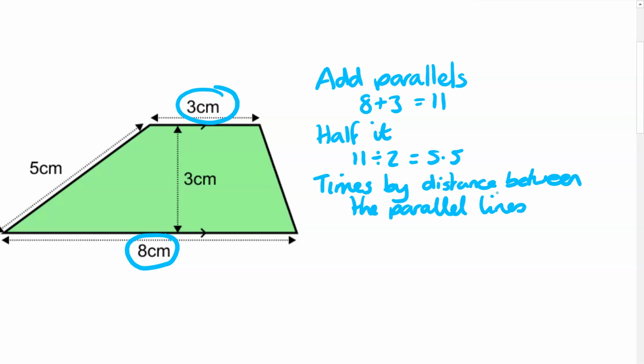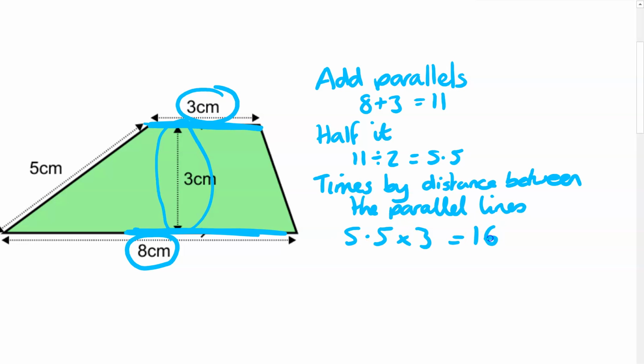In this case it is the height. So we set our parallel lines with the top line and the bottom line, and the distance between them is this line here, so that's 3. So we would be doing 5.5 times 3, which is 16.5. So the area of this is 16.5.